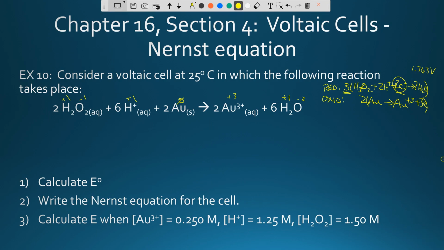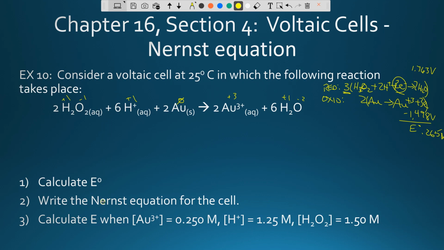And I've got to multiply that in front of everything, and I end up with a potential of negative 1.498 volts. So my E value then, my potential, is 0.265 volts. Okay, so I've got my E.